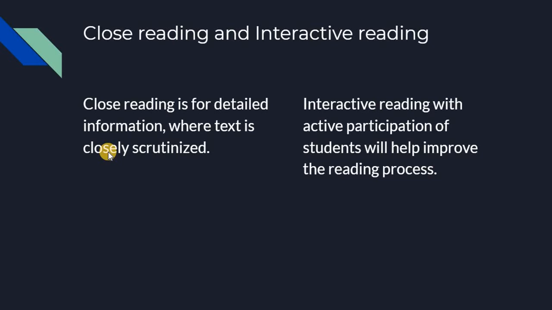You are trying to evince meanings from these words. So you are closely reading the text without leaving out anything. Close reading is for detailed information, where the text is closely scrutinized, where you closely examine or peruse the text. You closely examine each and every detail that is given there.